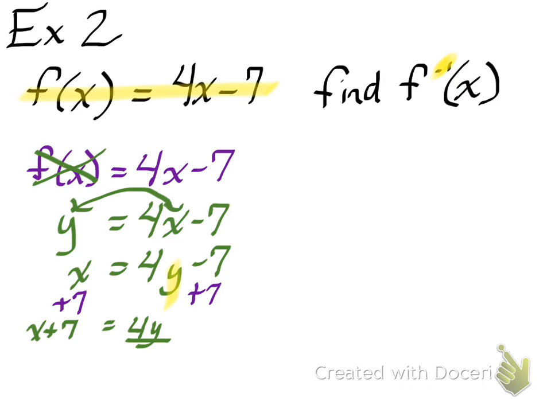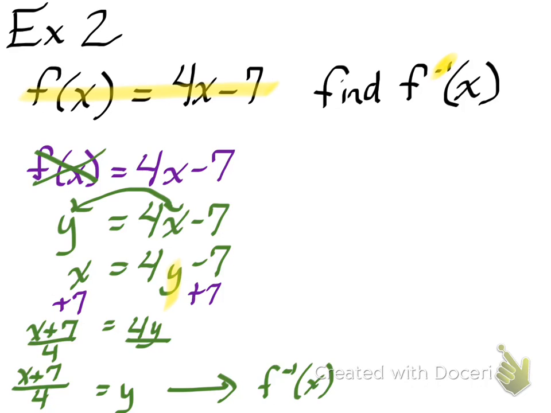Next, I am going to divide both sides by 4. 4 will not divide evenly into both x and the 7, so my final answer is simply x plus 7 divided by 4 is equal to y. Now, that's not in inverse function notation. Just to rewrite it, you do f to the -1 power of x is equal to x plus 7 divided by 4.